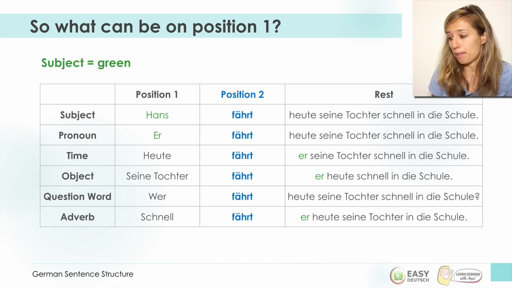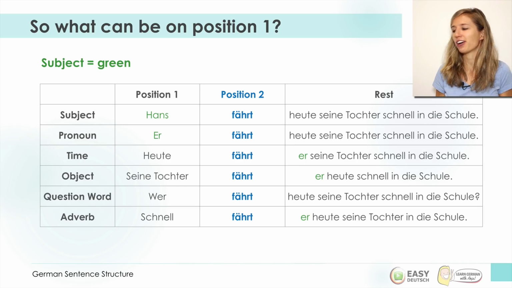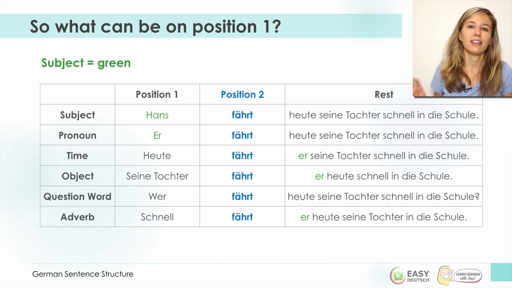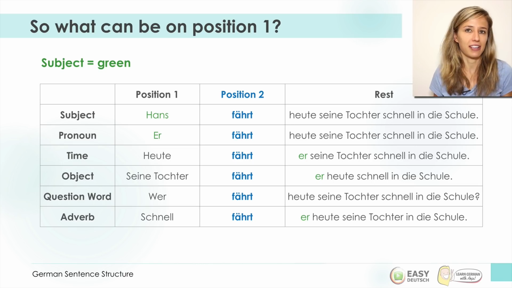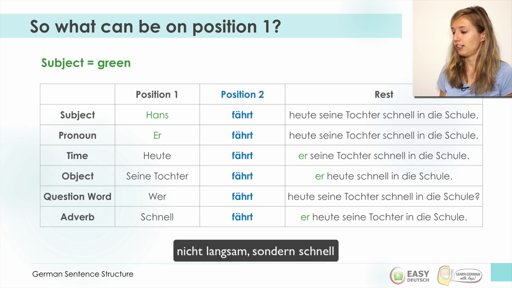Ein Adverb, ein Adverb, schnell, ja? Schnell fährt heute seine Tochter in die Schule. Quickly he drives his daughter to school today. So, usually in the first position is what is most emphasized. Yeah, it's for emphasis. So, for example, in the last one, schnell fährt heute seine Tochter in die Schule.